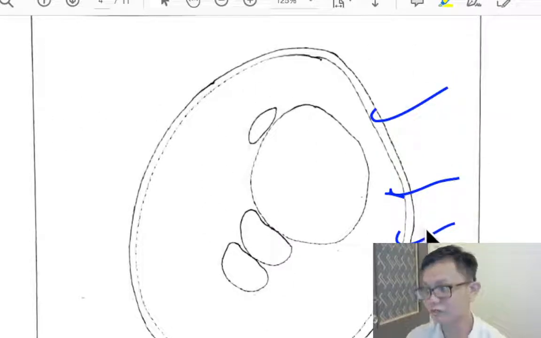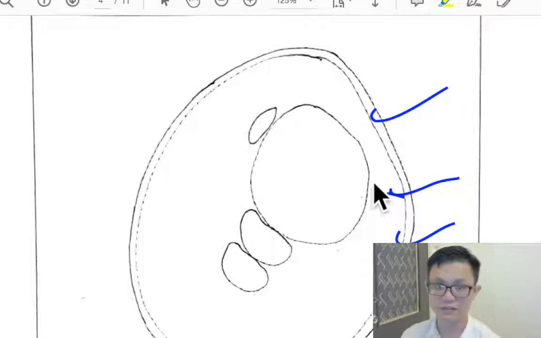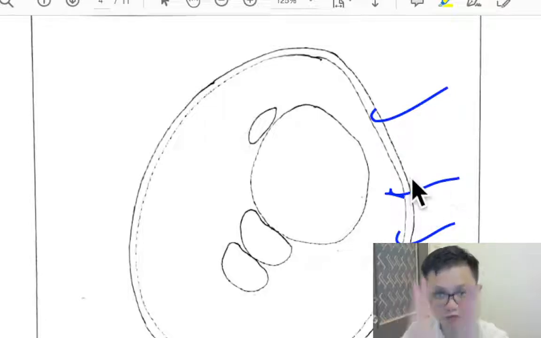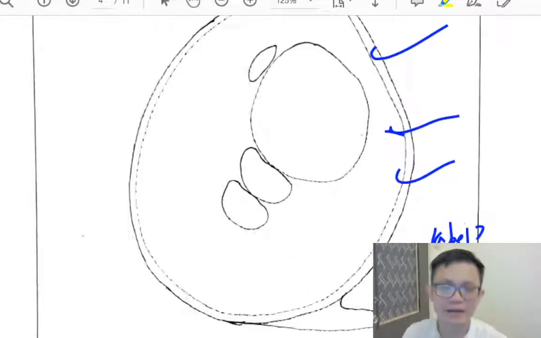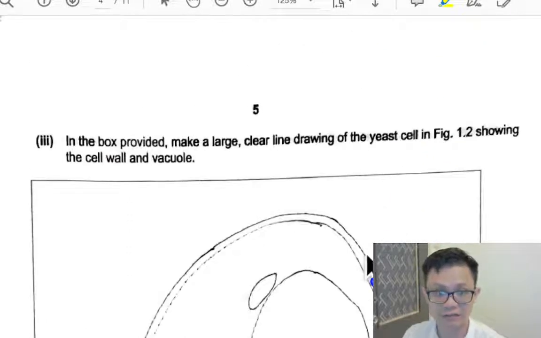The second point is that it must fill at least half of the box, and this one is very good, 70% of the box. Don't draw small, because drawing small means you get fewer marks. The student also gets 1 more point because there's a large vacuole. The vacuole is shown. In IGCSE we cannot deduct marks, but I didn't give 1 more mark because of what the question says.